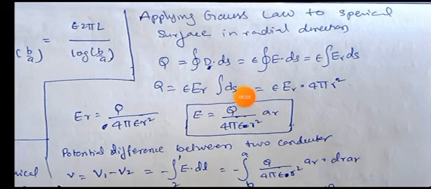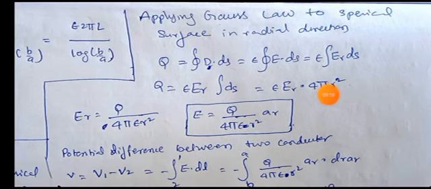So what is the surface area covered by that electric flux, in the form of a sphere? That is 4 pi r squared. So epsilon E_r into 4 pi r squared. What is this area?